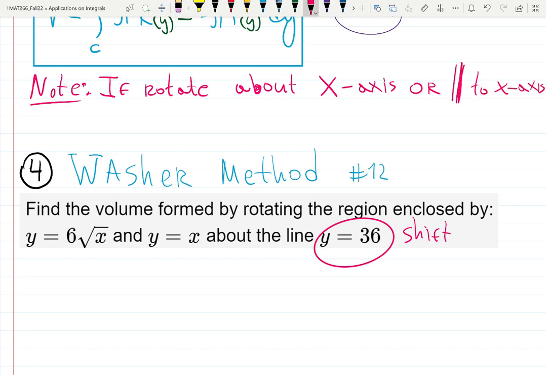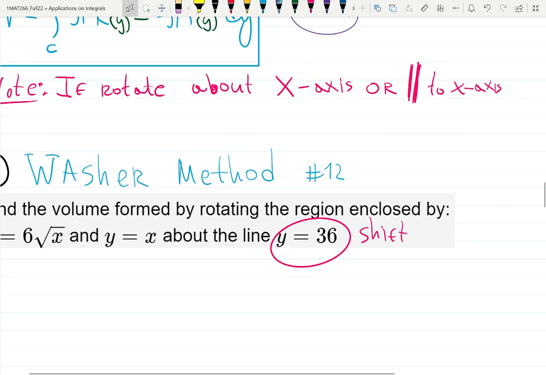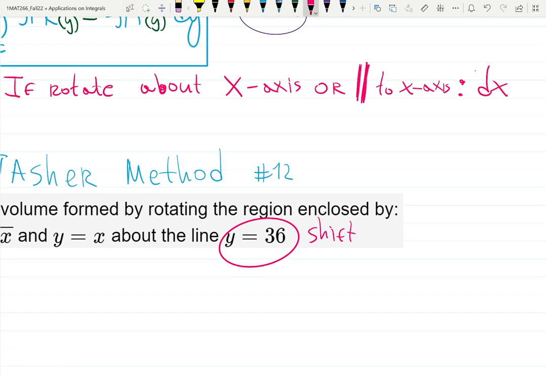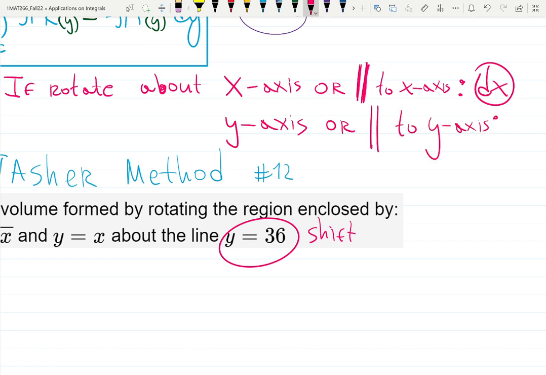This double line is a sign for parallelity. Do you remember that? Parallel. If rotate about the x-axis or anything parallel to the x-axis, then this is the x case. If rotate about the y-axis or anything parallel to the y-axis, then it is the y case.